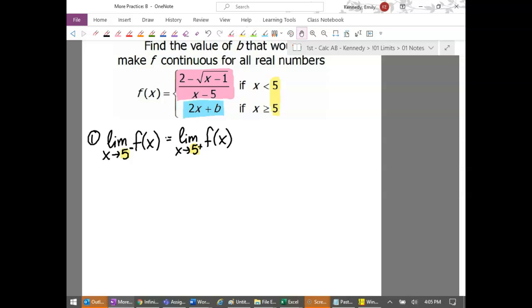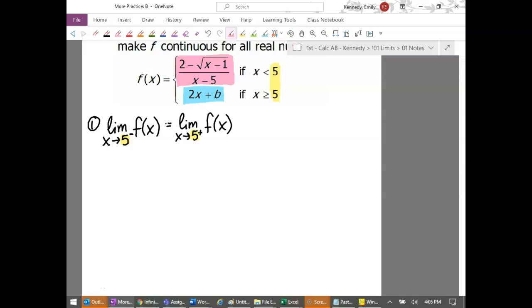So, if we're approaching 5 from the left, we're looking at x's that are slightly less than 5 and getting closer and closer and closer. So that's going to be a job for the top rule. And this is going to take a little bit more effort than some of the other examples we've seen for continuity, but it uses the skill that we saw earlier in the unit.